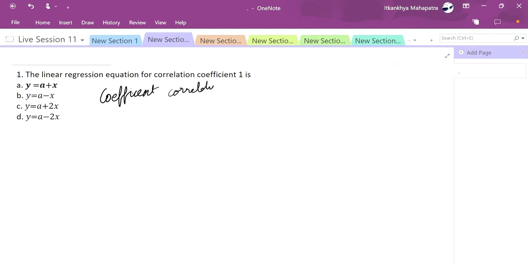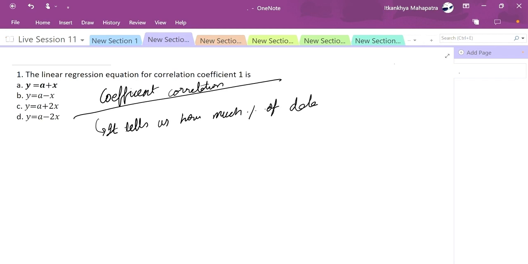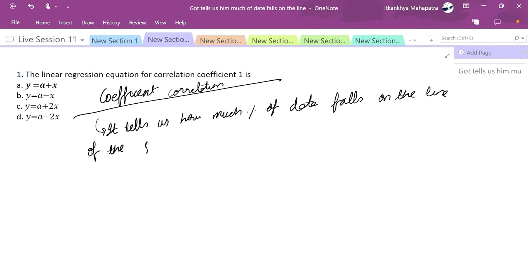The coefficient of correlation tells us how much percentage of data falls on the line of the graph plotted in trend variation.